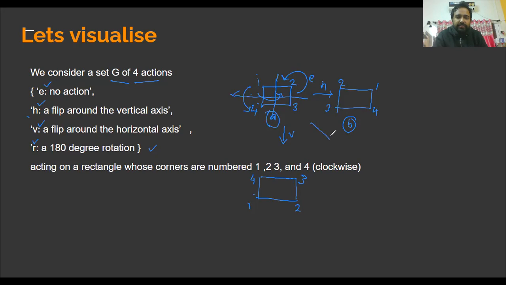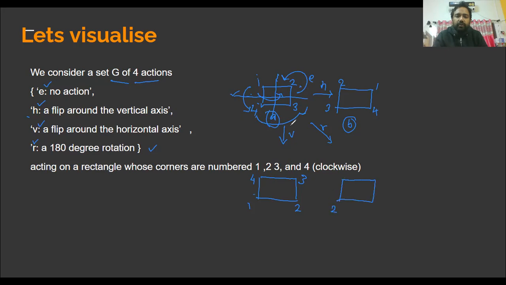Last but not the least, a 180-degree rotation. So what happens here? 180-degree rotation, which means we take any corner and rotate by 180 degrees. So 2 comes here, right?